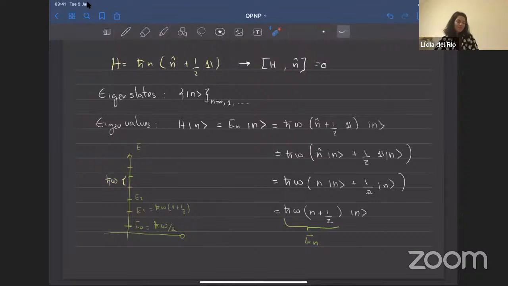But we have one thing left to do, which is to find the eigenstates, right? And the way we'll find the eigenstates is going to be the usual stuff, like I said before. We start at the bottom of the ladder.